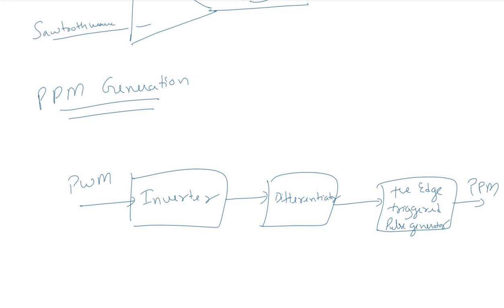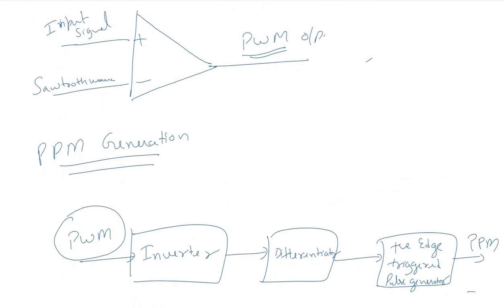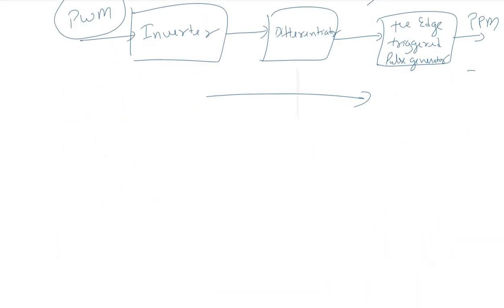So for PPM generation, first we need to generate PWM, that is passed sequentially through these three blocks to generate PPM. Let us see what the working of these two block diagrams is through some plots.